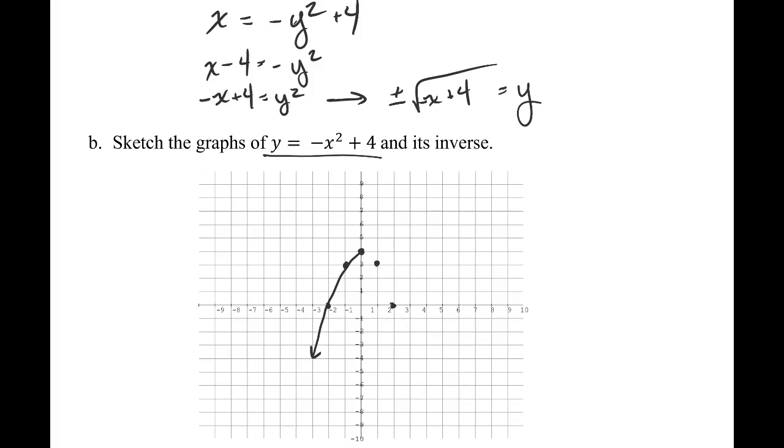Still not great. Maybe if I put it this way, that's better-ish. Okay, so that's my original function.